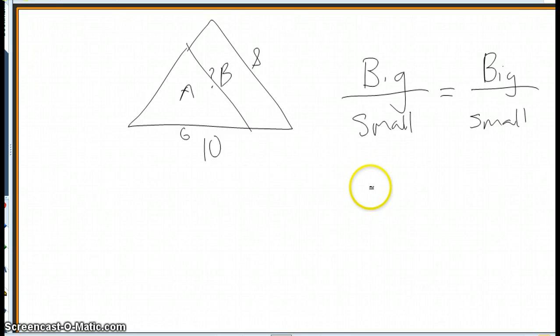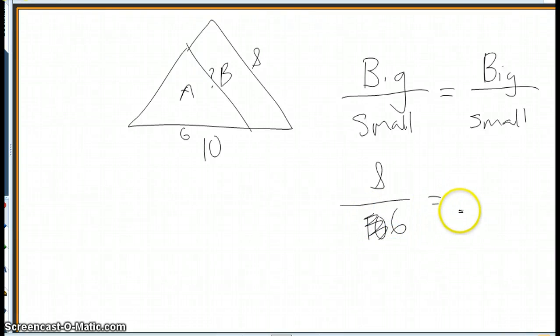What I mean by that is, 8 divided by 6, it's not 10, must equal, again, big divided by small. 10 divided by 6 is equal to question mark divided by 8.